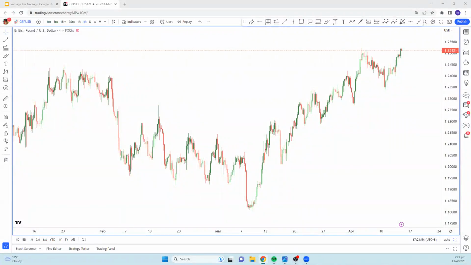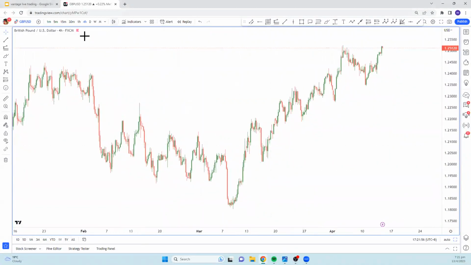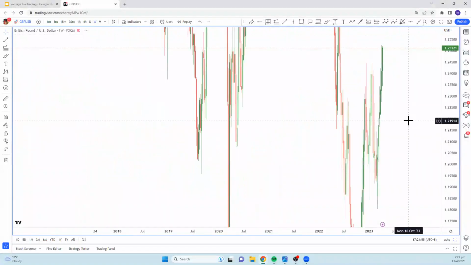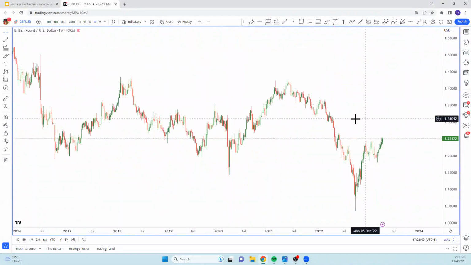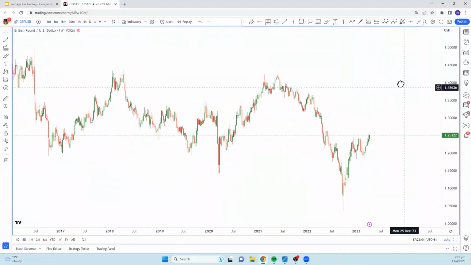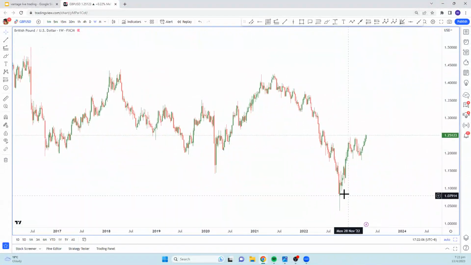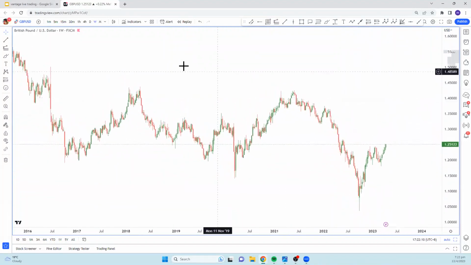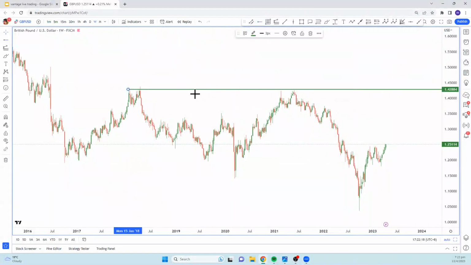Okay. So same thing on our pound dollar. Let's take a look at the higher time frames first. Starting from weekly, you can see prices are heading in an upward trend. Okay, and we also have a support level over here on our weekly time frame.